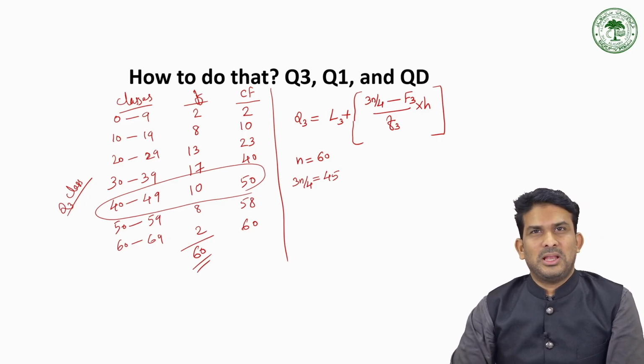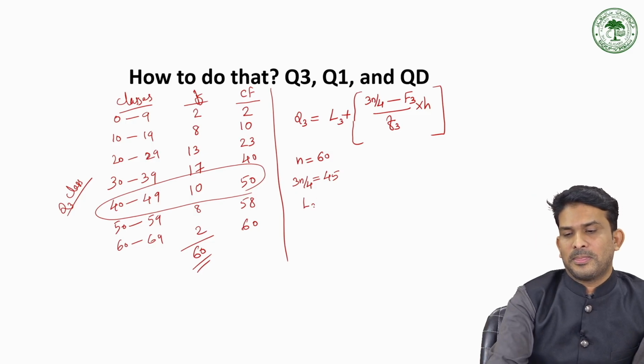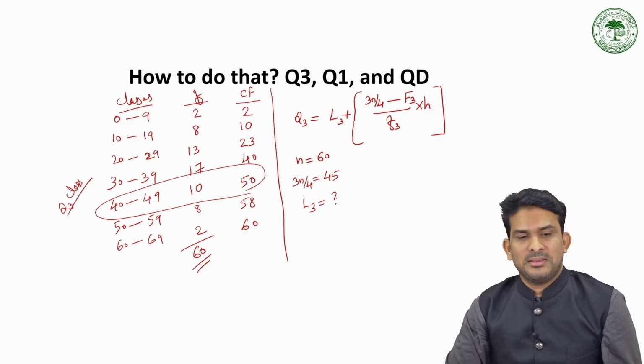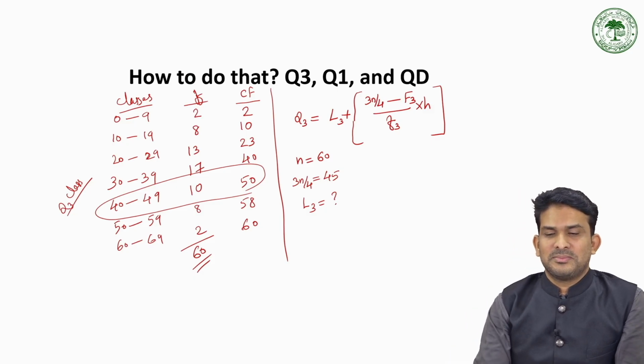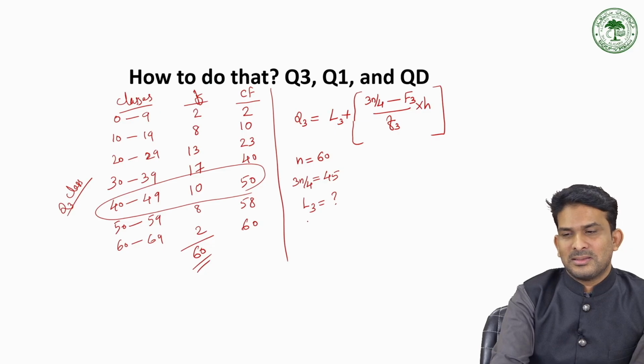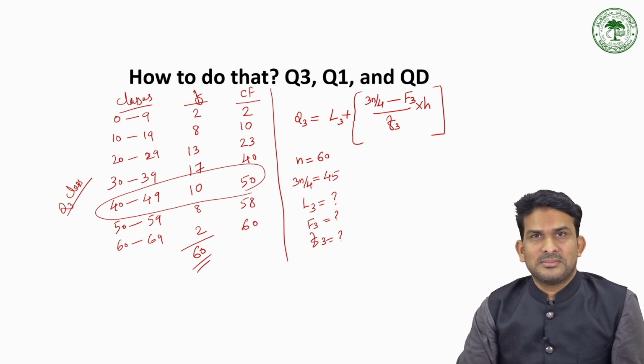Now I don't want to tell you everything. See what is L3. L3 is a question. It is not 40 as it is an inclusive distribution. So what is capital F3? What is small f3? Write in your copy, calculate it.